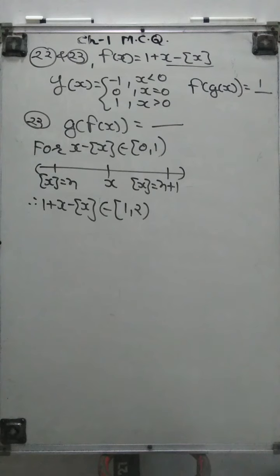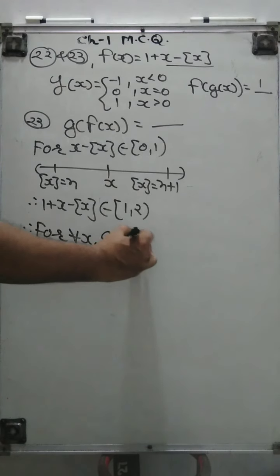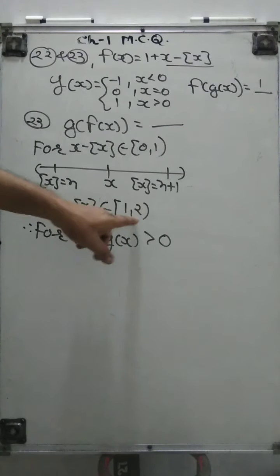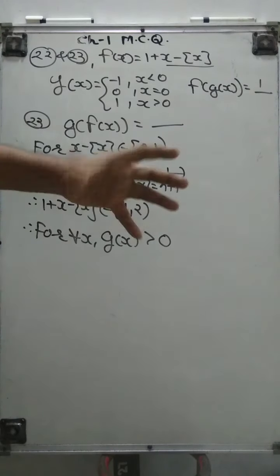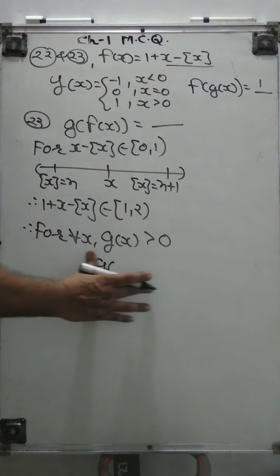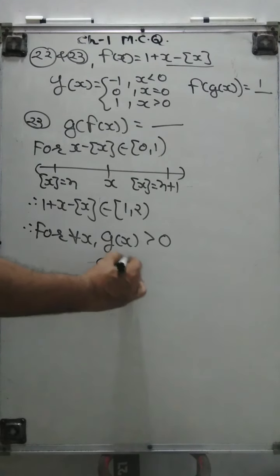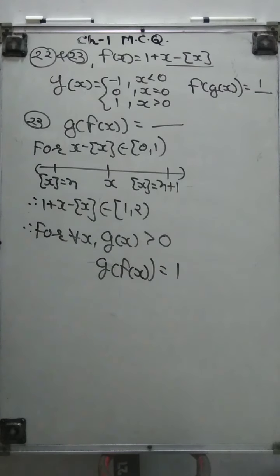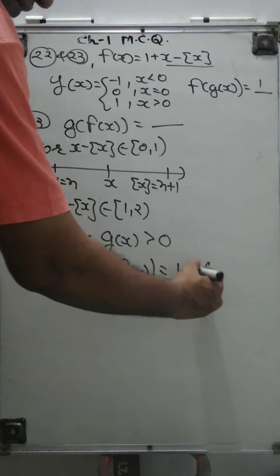So for all x, if we have this in 1 to 2, then for every x, the function is always greater than 0, because 1 to 2, therefore the answer is always greater than 0. And if it is greater than 0, then our answer is 1. Therefore we get our answer, which is g(f(x)), is always 1 for every x.